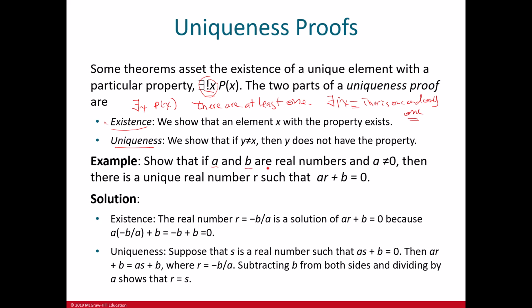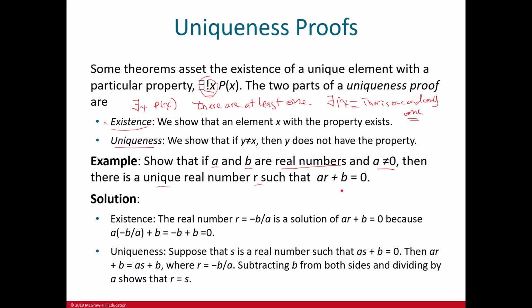If A and B are real numbers, and A is not 0, then there is a unique real number R such that A times R plus B is equal to 0.